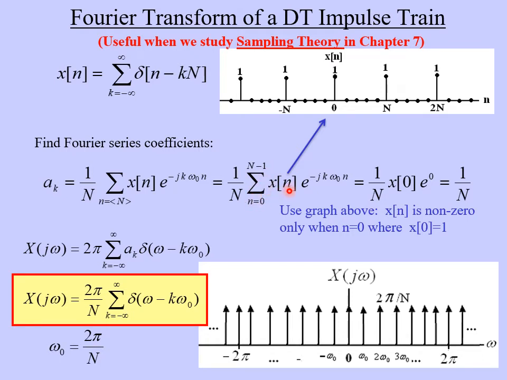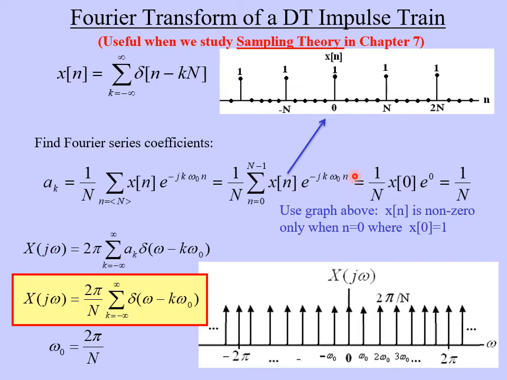So what ends up happening here is we can use x of 0, which of course is 1. x of n is non-zero only when n is 0. So this is the only place where x of n has a value. All these other values of lowercase n return nothing.